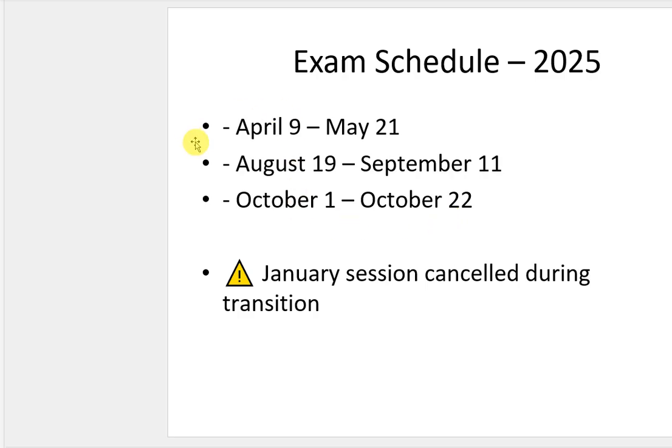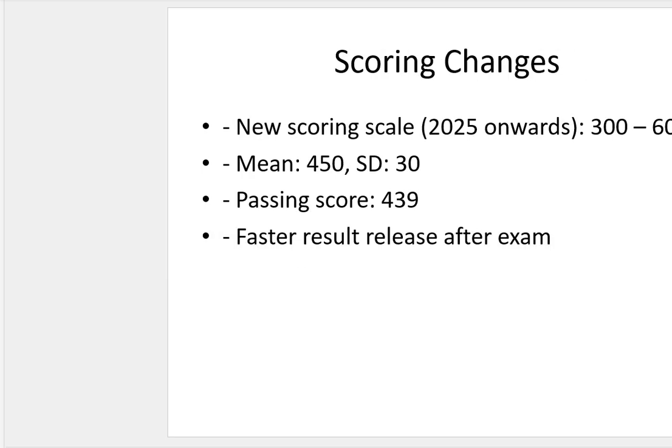This year, for the 2025 exam, the criteria and guidelines have changed a lot, like the scoring. Previously it was scored out of around 230, and that was the passing score. Now the relative grading system has changed. The new scoring scale is 300 to 600, and the mean is 450.